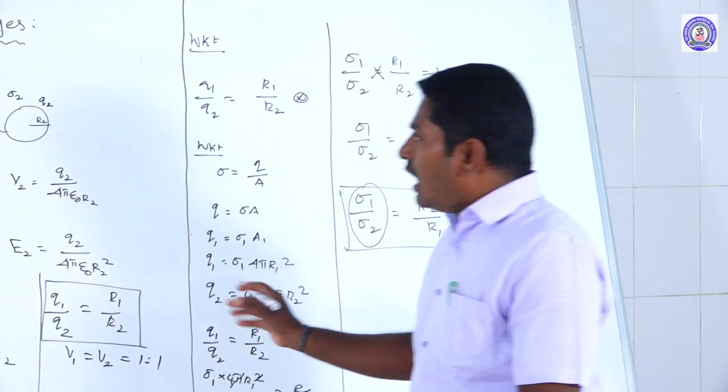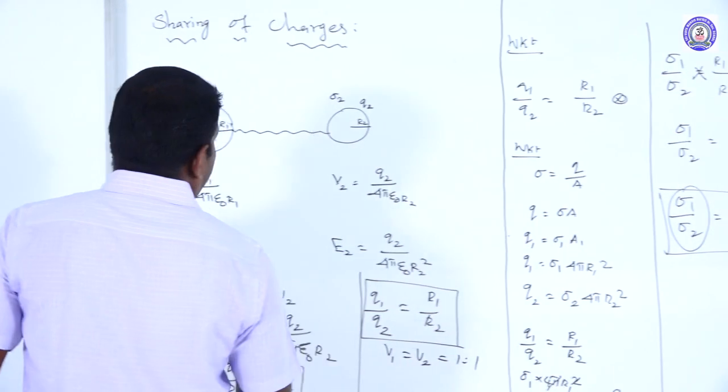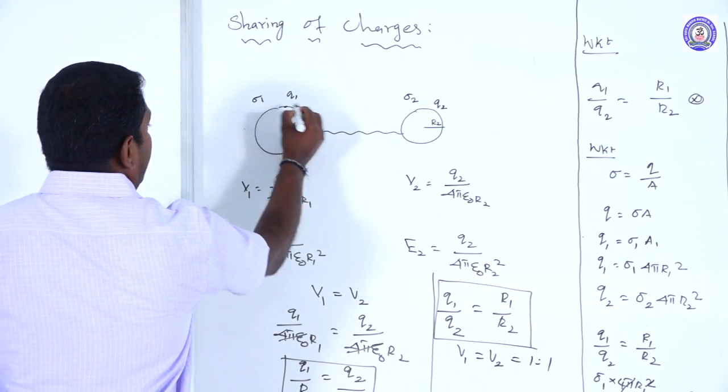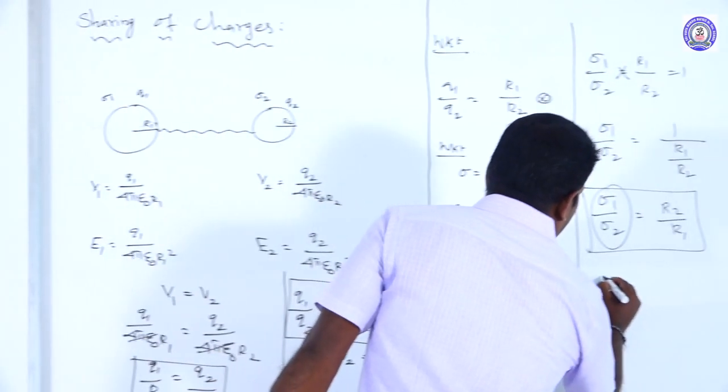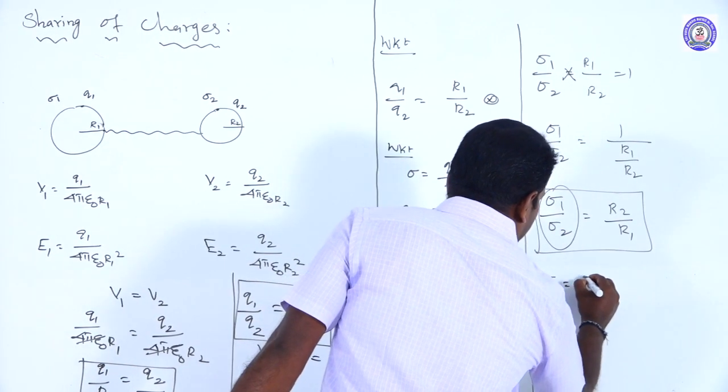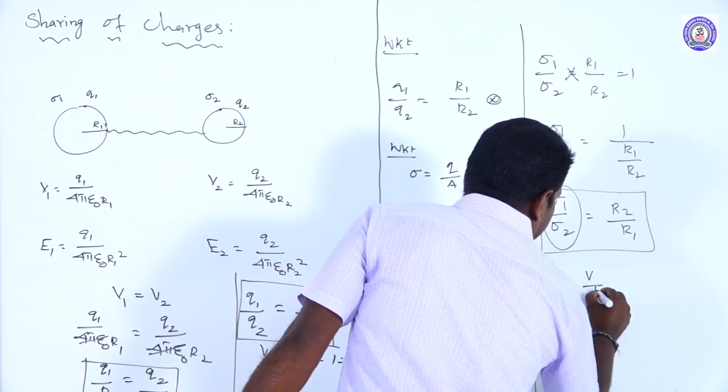Then after redistribution, what is the ratio of electric field intensity on the surface of both spherical shells? E is equal to electric potential divided by distance.